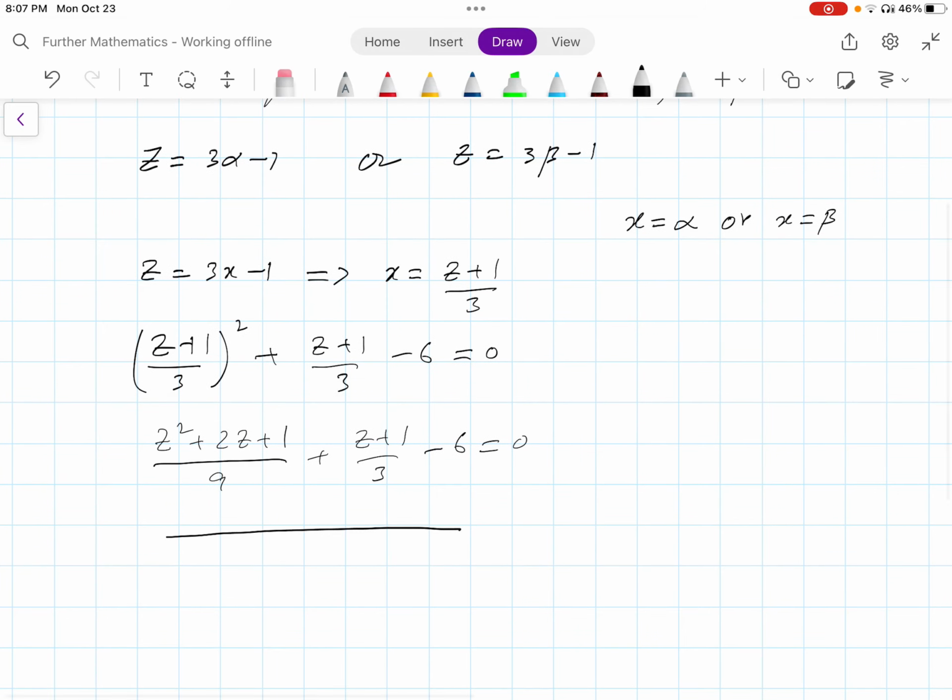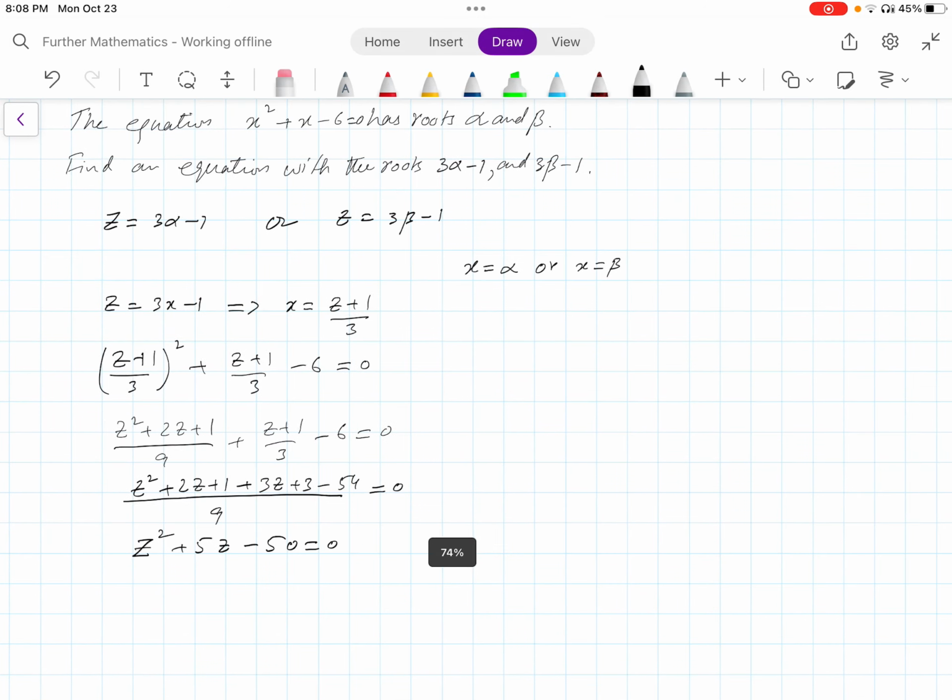We'll take the LCM, which is 9. It gives you z squared plus 2z plus 1 plus 3 times (z plus 1) minus 6 times 9, which is 54, equals 0. So the new required equation is z squared plus 5z minus 50 equals 0.